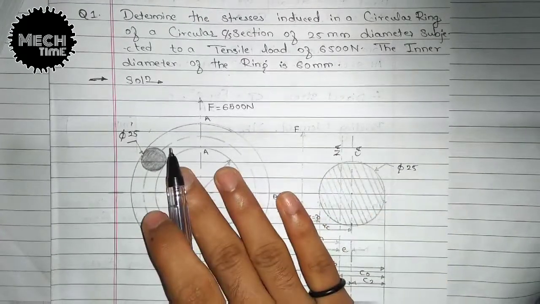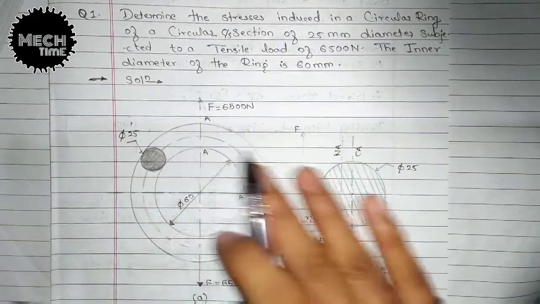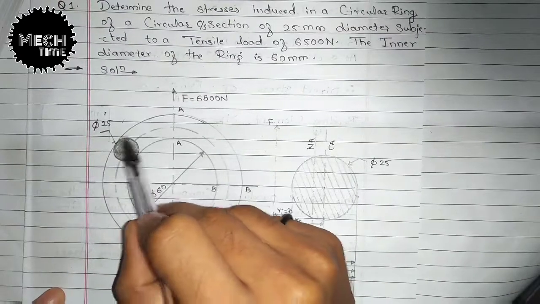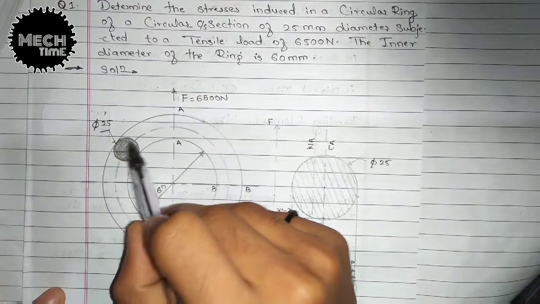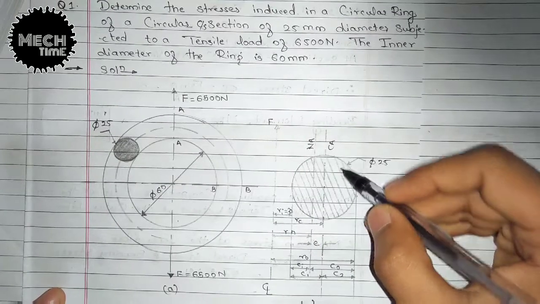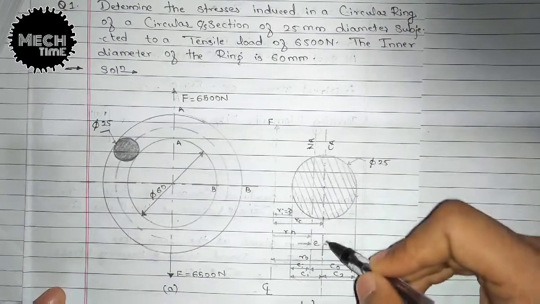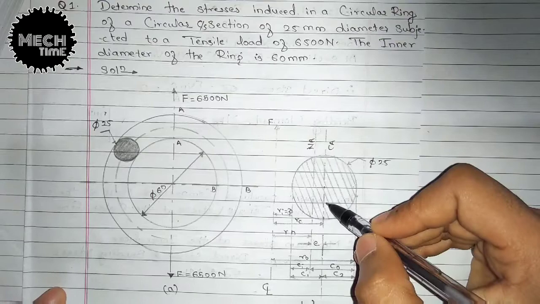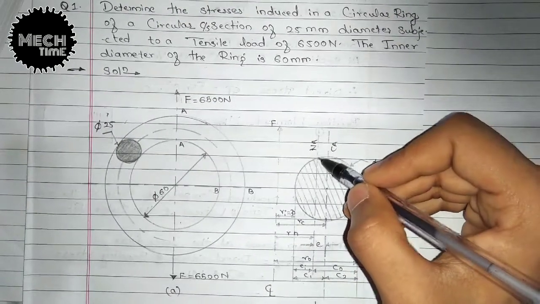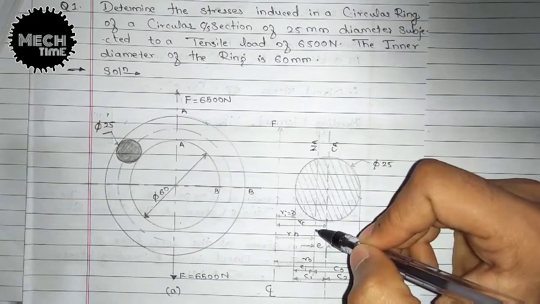Okay, the first step is, once you draw this, you need to redraw the section. This is our section, so first you have to draw this section. Then you have to take a center line that we used to call the centroidal axis, and NA is nothing but the neutral axis.